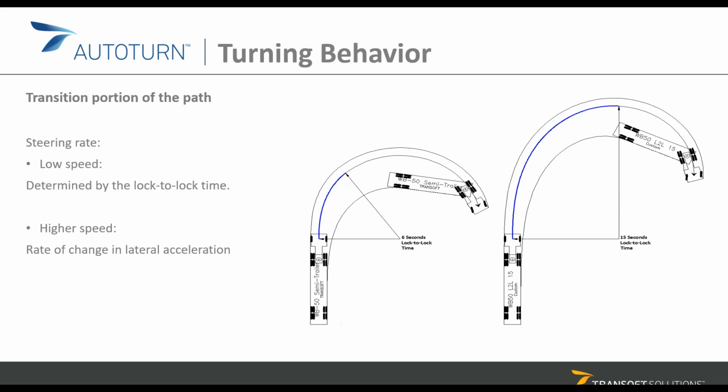If you keep the same speed, but you almost triple the lock-to-lock time, you get a transition portion that's a lot longer. For higher speed, however, and I mentioned that AutoTURN checks the behavior for low speed and high speed as well, we use the rate of change of lateral acceleration, just as is captured in the AutoTURN design guideline.